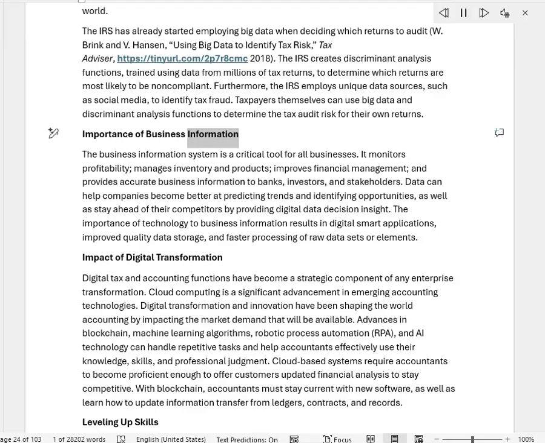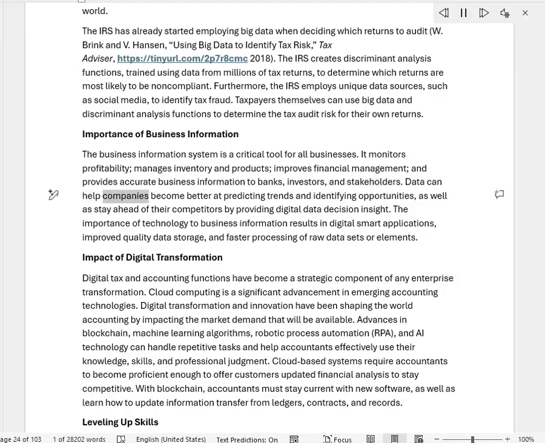Importance of business information. The business information system is a critical tool for all businesses. It monitors profitability, manages inventory and products, improves financial management, and provides accurate business information to banks, investors, and stakeholders.